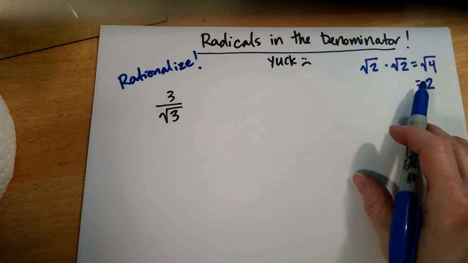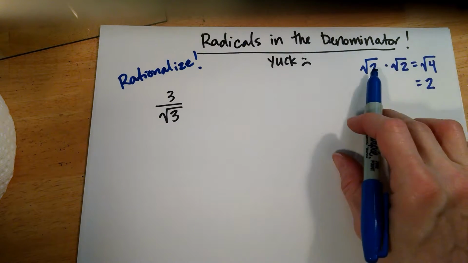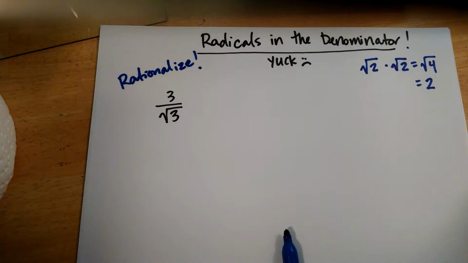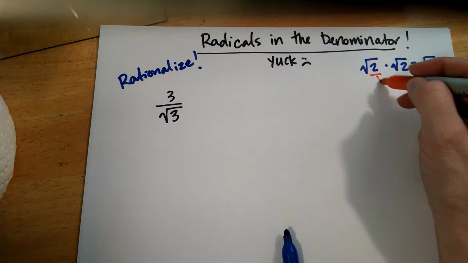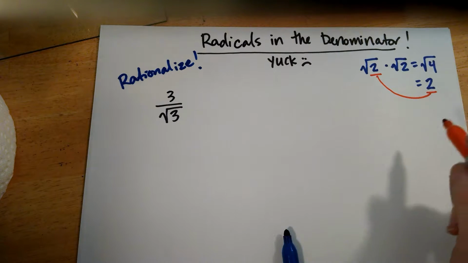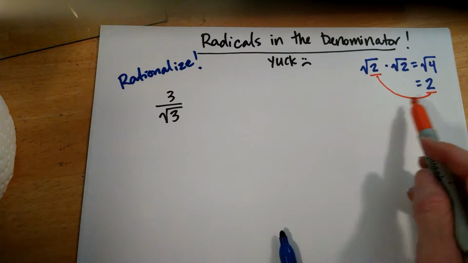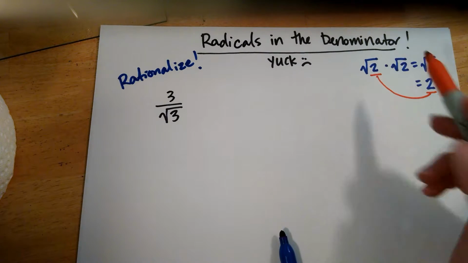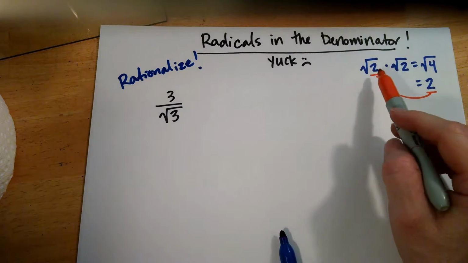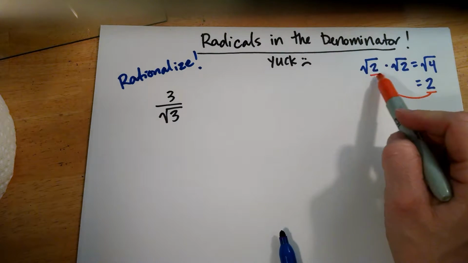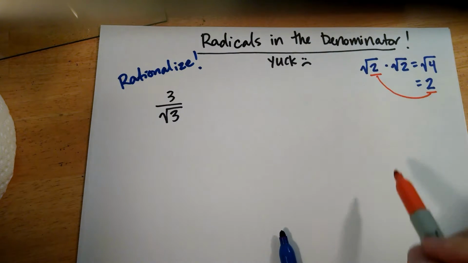So using this principle, if we multiply a radical times itself, we end up with, check it out, just the radicand. It's the same number. So even if you multiplied it out, 2 times 2 is 4, square root of 4 is 2, we still get the same thing. So, shortcut way of thinking about it, if you multiply a radical times itself, you end up with the radicand, what's left inside the radical.